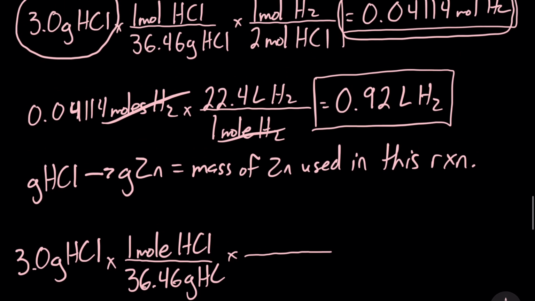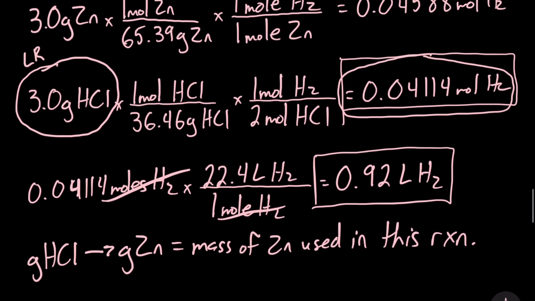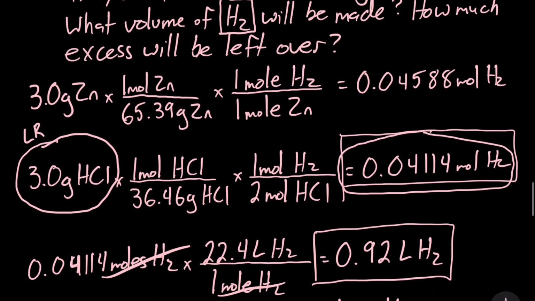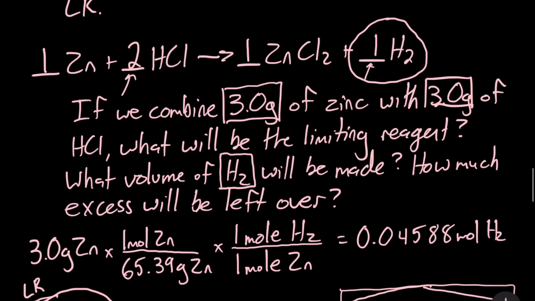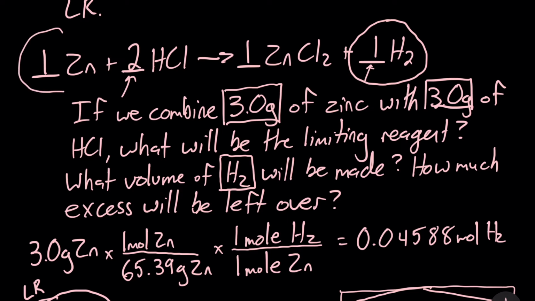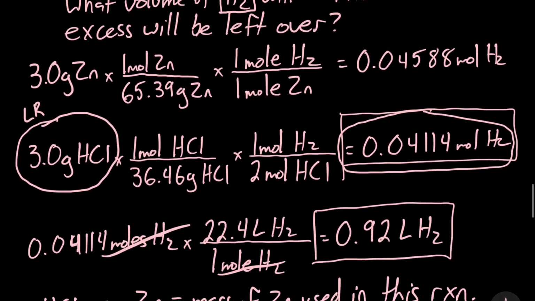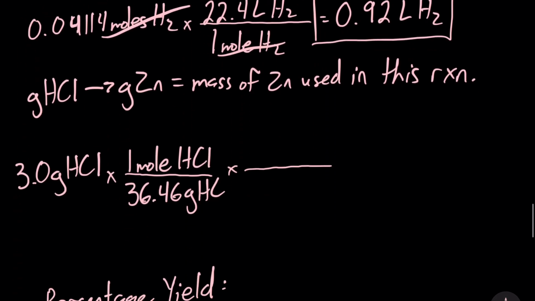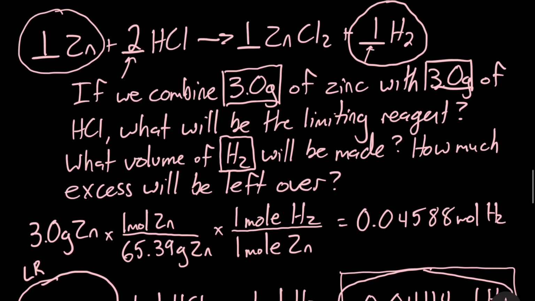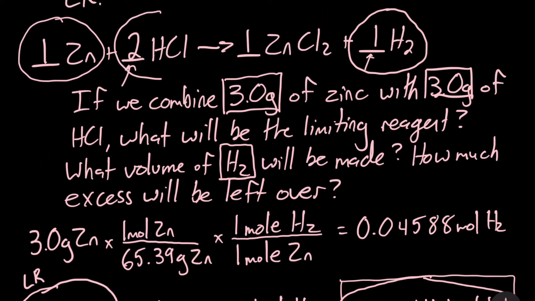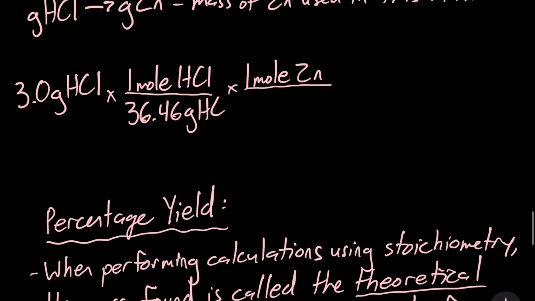So now we're on at that mole to mole conversion. So that's going to be from our balanced equation, remember? So we'll just scroll up and take a look. So we are going to moles of zinc here. So we'll use that 1 from our balanced equation on top. So 1 mole of Zn on top, and I believe it was a 2 for the HCl. It was. So 2 moles of HCl on the bottom because we're getting rid of moles of HCl.